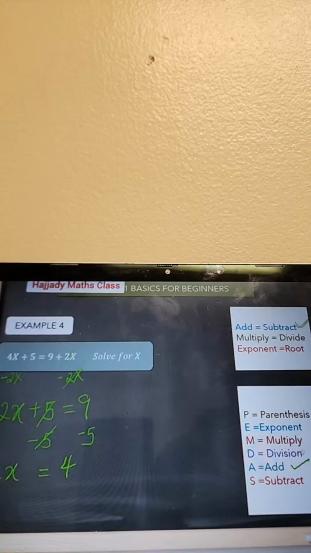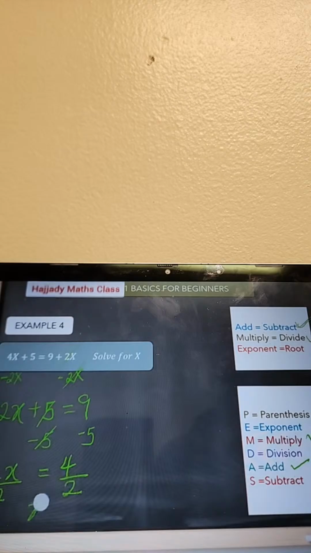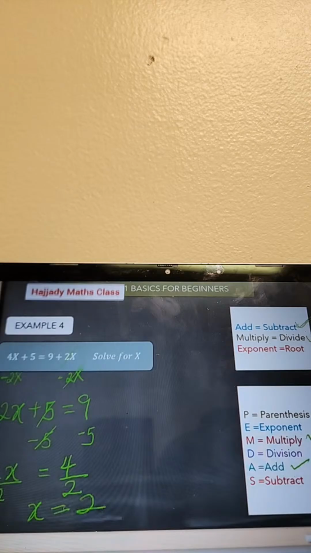We've done with that. Division, no. Multiplication, yes. If you have multiplication, we introduce the divide. That is, you divide both sides by the coefficient of x, which is 2, by 2. And lastly, we have our x to be equals to 2. If you plug in 2 into the given equation, you will see that they are going to be the same.